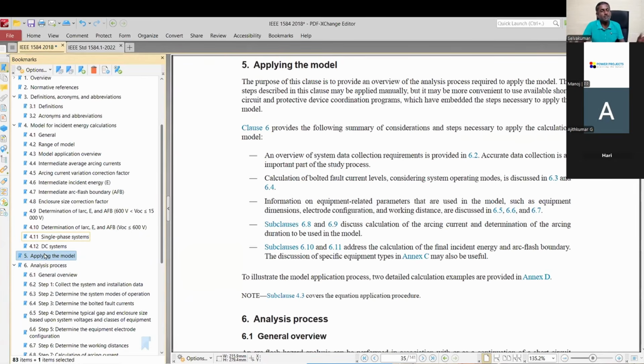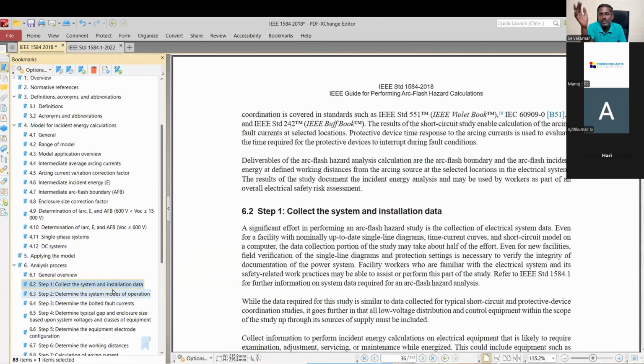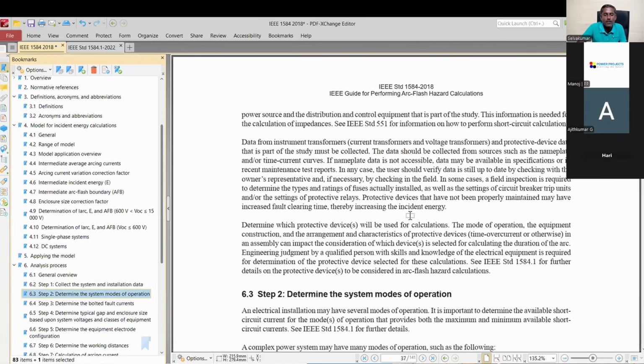So what are the steps involved in performing an arc flash study? Step 1, data collection. Collect the data of the system: grid short circuit current, cable length, cable impedance, transformer rating, transformer impedance. Then decide the system mode of operation. What is the system mode of operation?